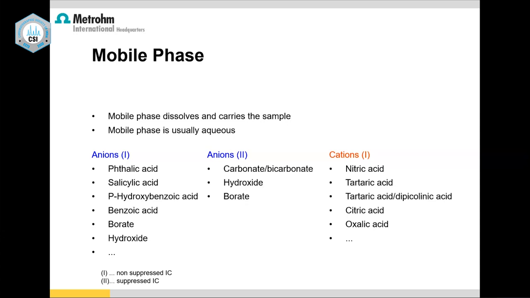Every lab will have carbonate and bicarbonate, because they use these as a primary standard in titration or wet analysis techniques. Similarly, nitric acid is used for sample preparation or acidification. So with this, we can operate our IC with the anion and cation columns. This makes the technique very simple, using common laboratory chemicals.